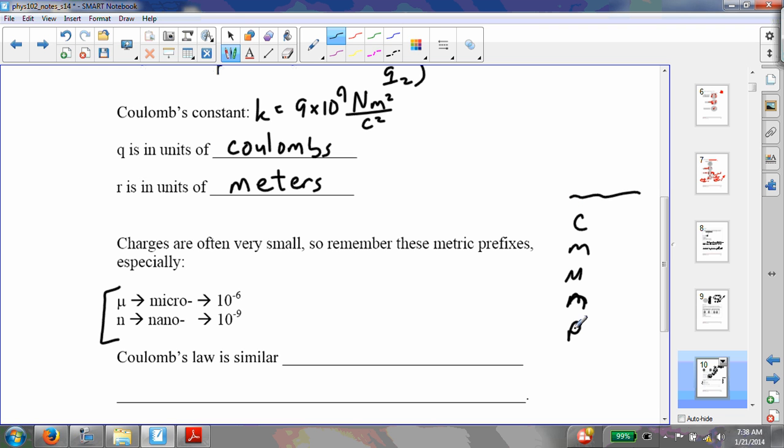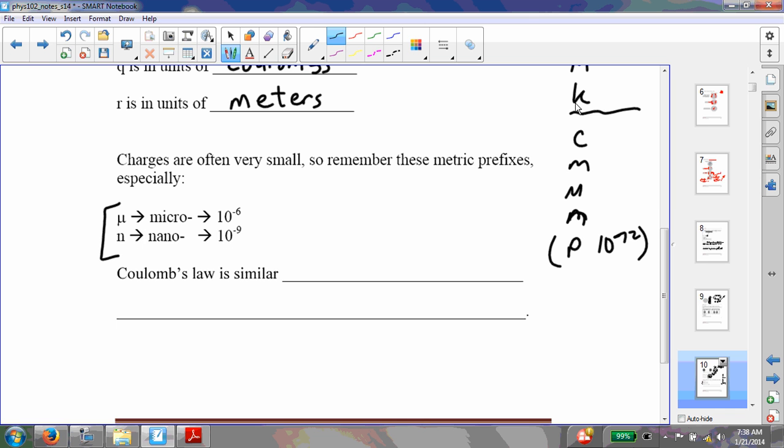You're not responsible for it, but pico is 10 to the minus 12. I'm going to put this in parentheses. And then on the other side, you need to know kilo for 1,000, mega, and giga. We'll see those more when we deal with light.